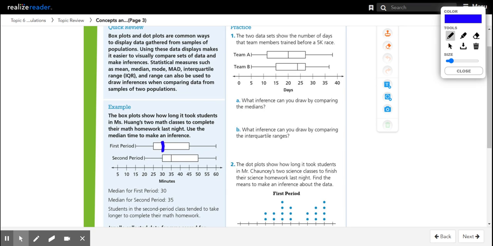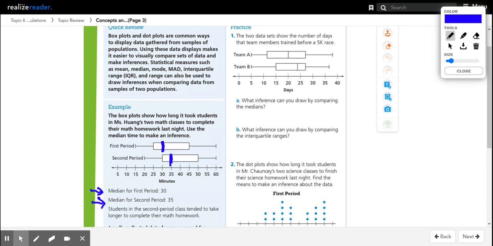The median is the line in the box. So we see first period and second period here, and with that line, it's very visual that the median is 30 minutes for first period and 35 minutes for second period. So it looks like second period tended to take a little bit longer on their homework.